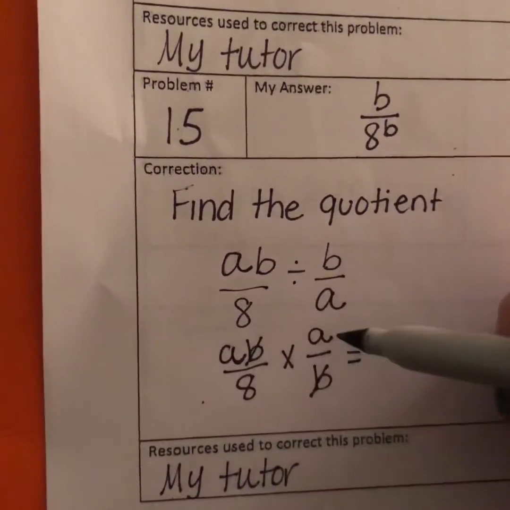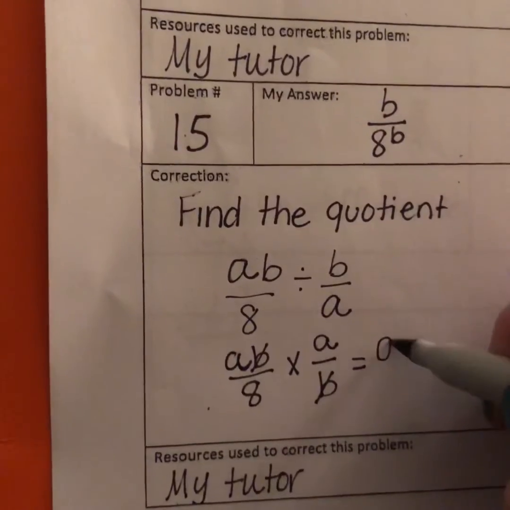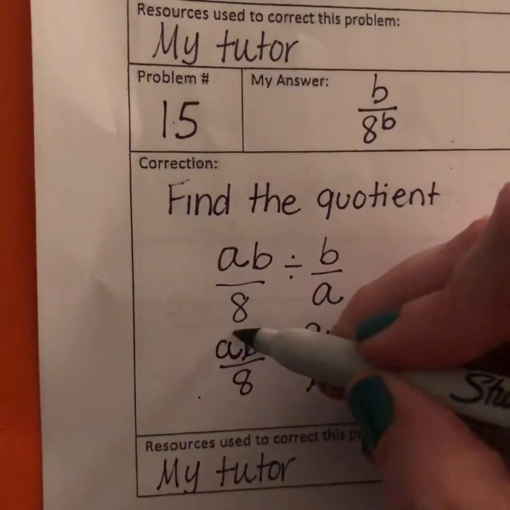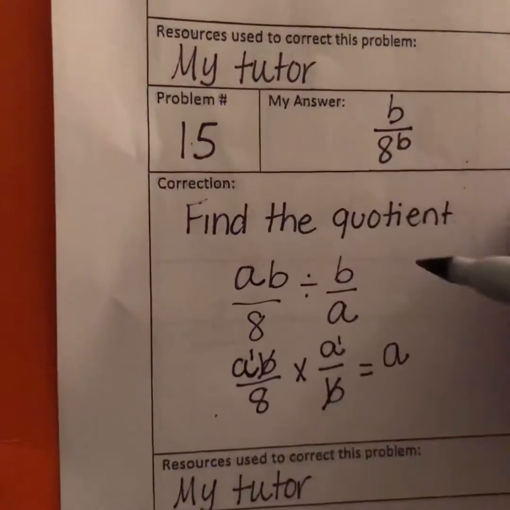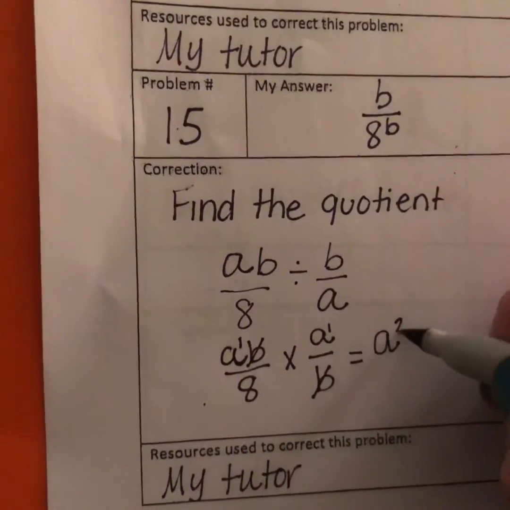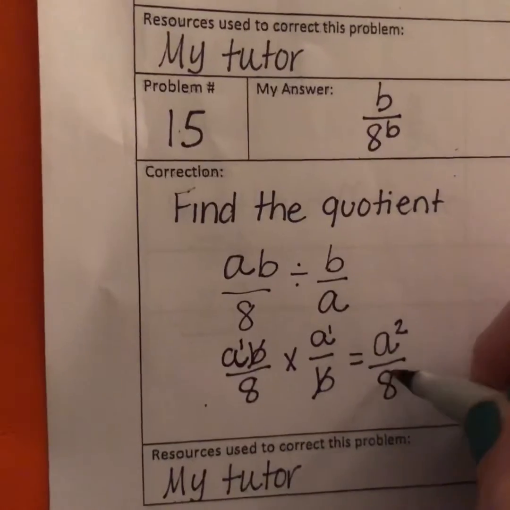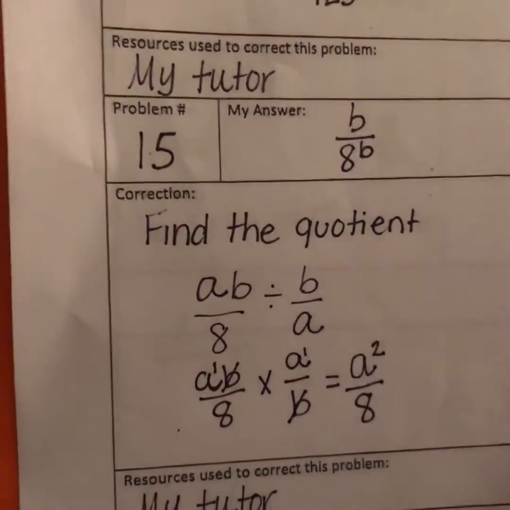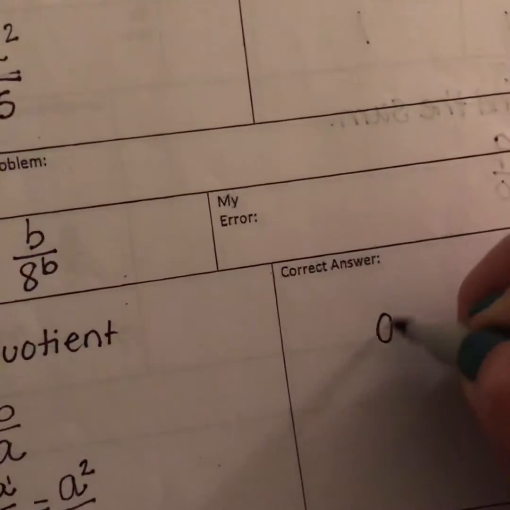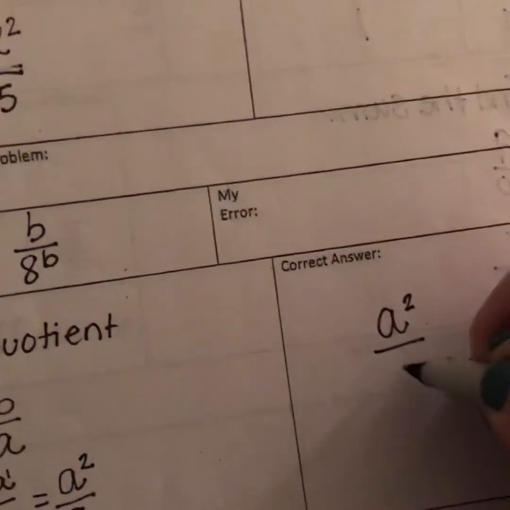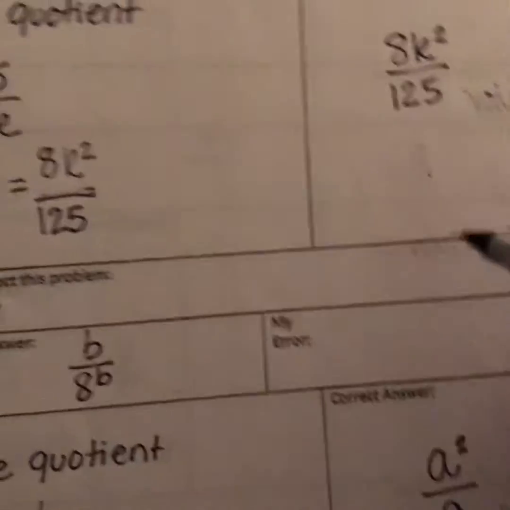So we have A times A, so we know A stays the same, and then there's those little imaginary ones up there, so it goes to the second, and then 8 times 1 is 8. So your answer here is A squared over 8.